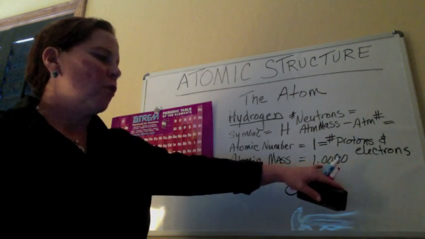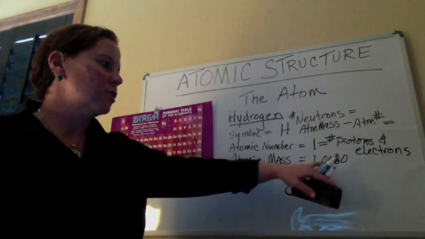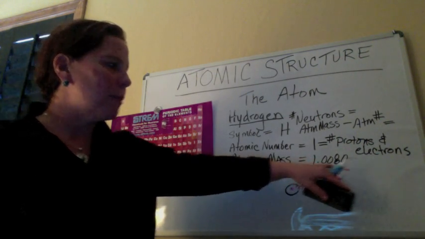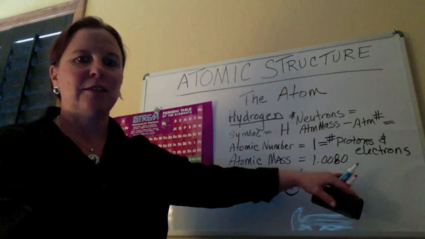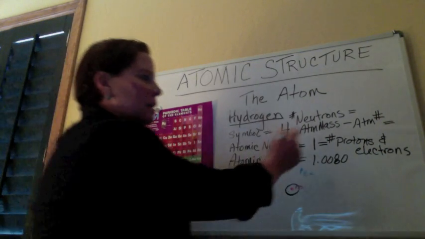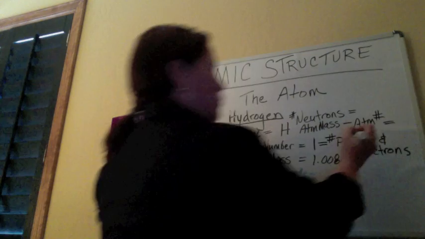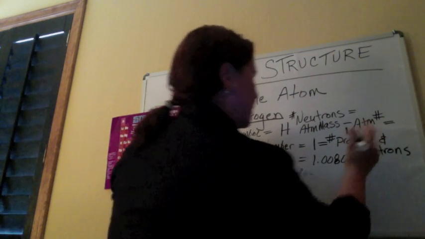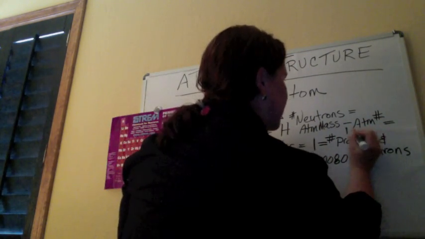Just round to the nearest whole number. So just round to 1. So you don't have to copy out all the decimal points, okay? Just go to 1. So we're going to round up. So we're going to take the atomic mass, which is 1, okay, minus the atomic number, which is 1.